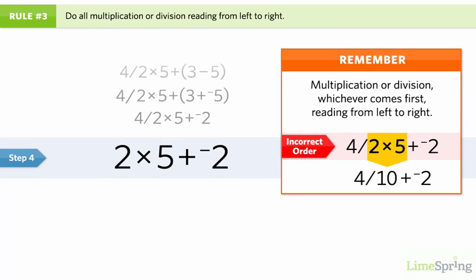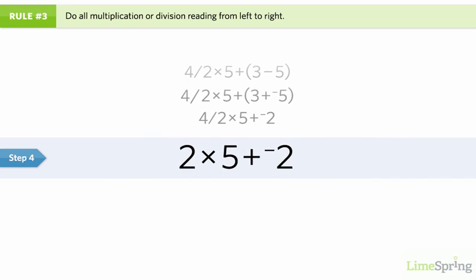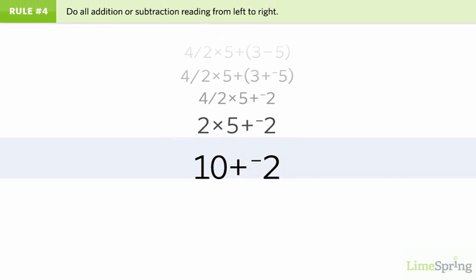Remember, it's multiplication or division, whichever comes first, as we read from left to right. We still have multiplication, so we multiply 2 times 5, which equals 10, and we are left with the expression 10 plus negative 2, which equals 8.